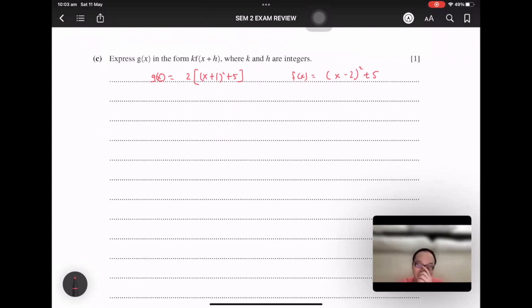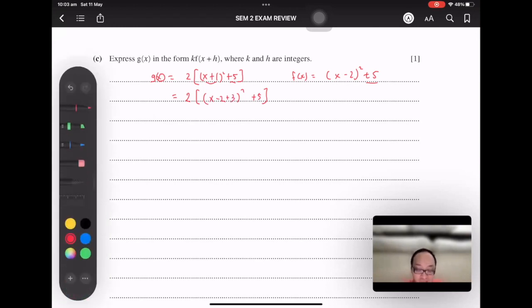So how do we change g(x) in terms of f(x)? So we can see in here the g(x) is 2 of, we have plus 5 here. So I can change to make it the same: x plus 1, I can make it into x minus 2 plus 3.